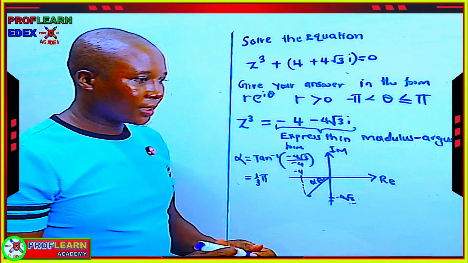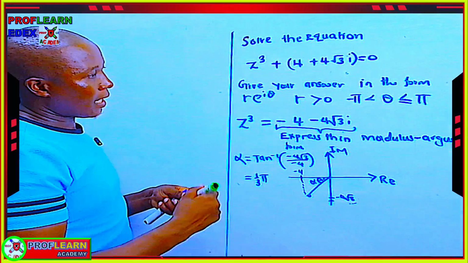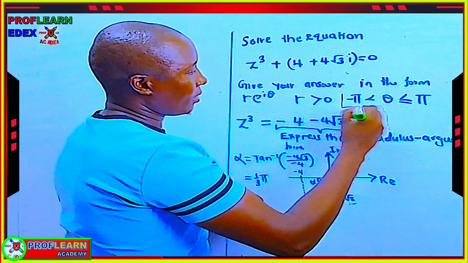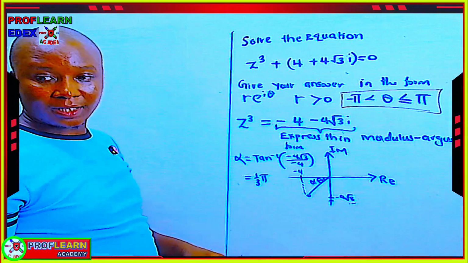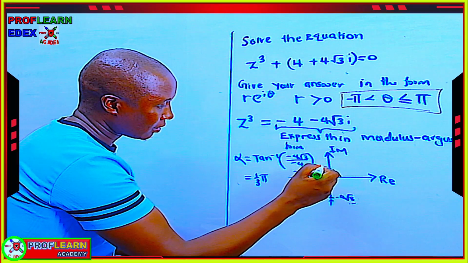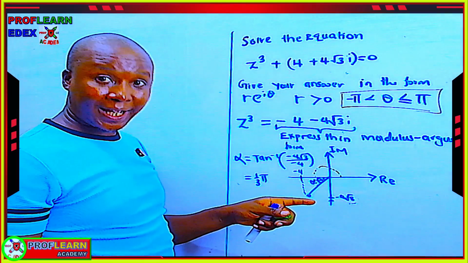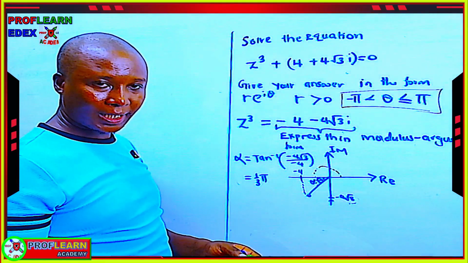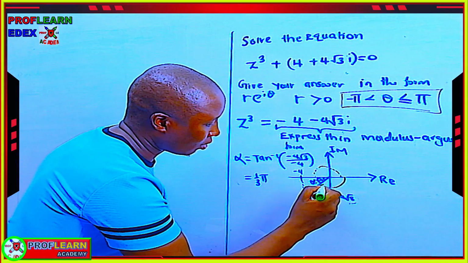But the argument that we were told to be giving in this question, our argument theta should be between pi and negative pi. So if we move this direction like this, by the time we are here, this angle will be more than pi, so we cannot move that direction. So we should be forced to use this angle there.